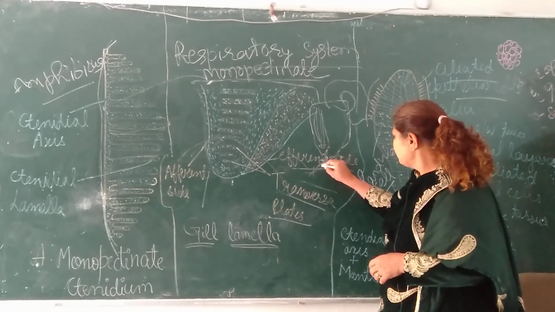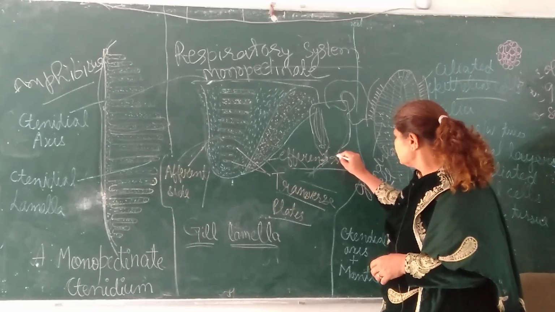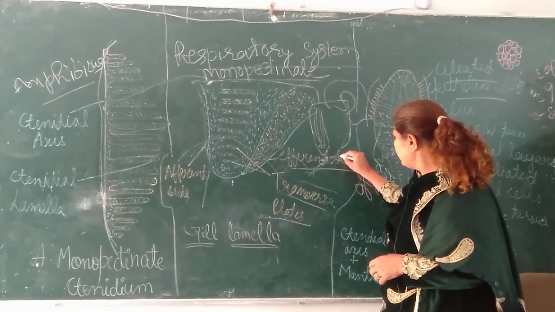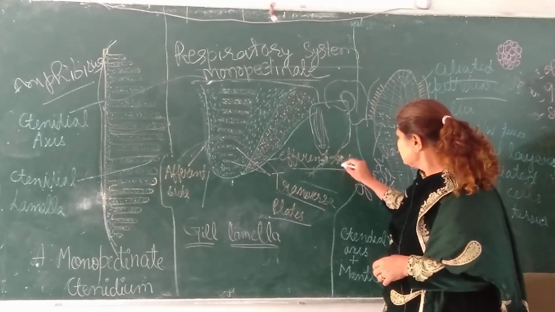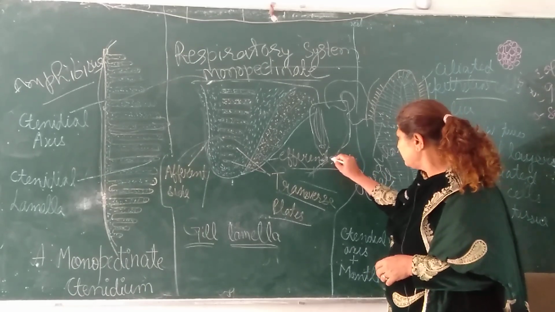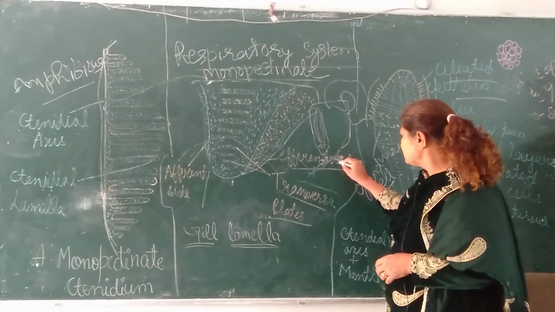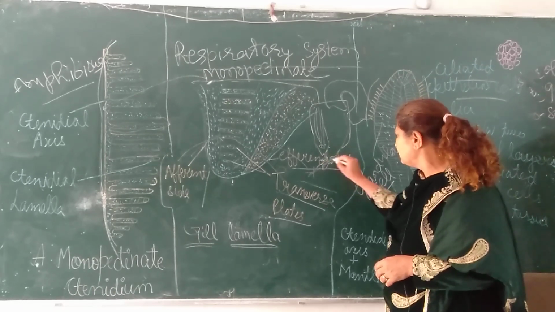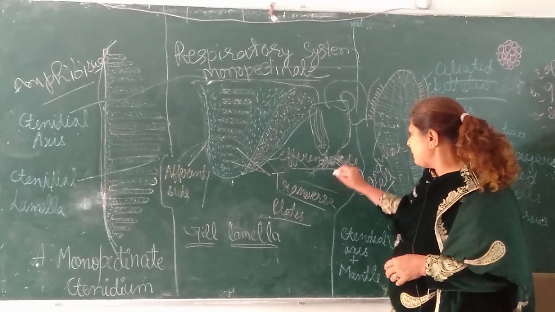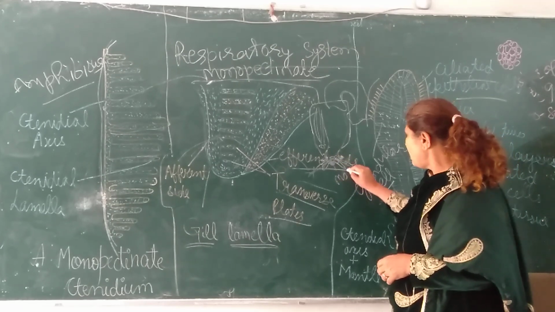Then here is the second pair of tentacles. Then is the first pair of tentacles, or this is called the labial palp, or it is the mouth.